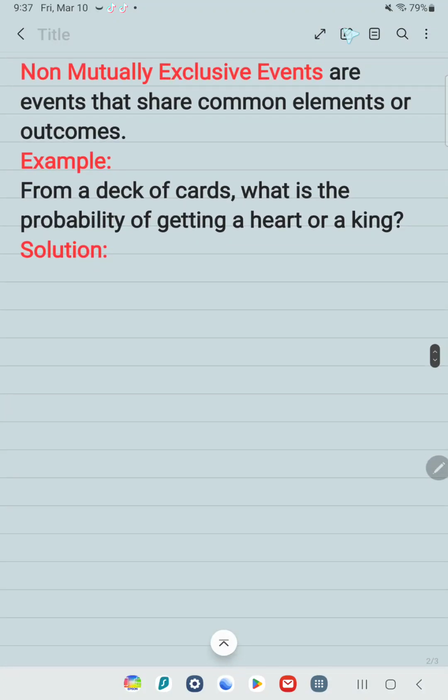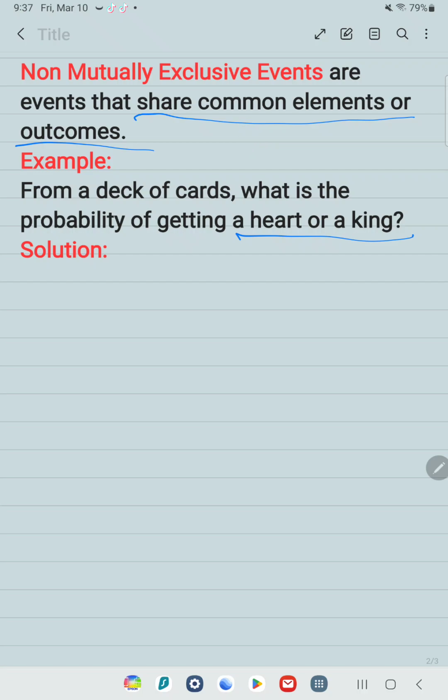Now, non-mutually exclusive events are events that share, take note, share common elements or outcomes. So for an example, I'm still going to use the deck of cards. From a deck of cards, what is the probability of getting a heart or a king? Here, there are common outcomes.